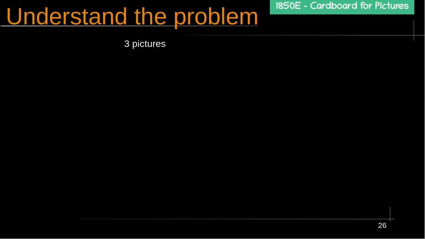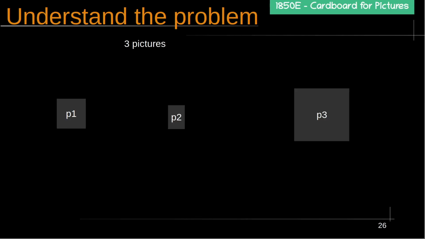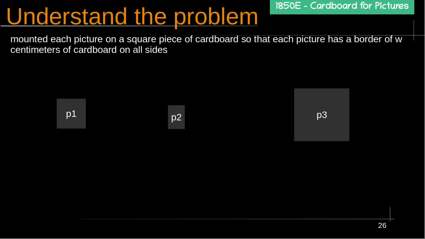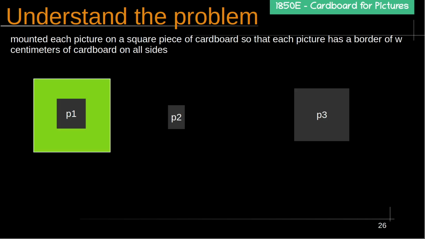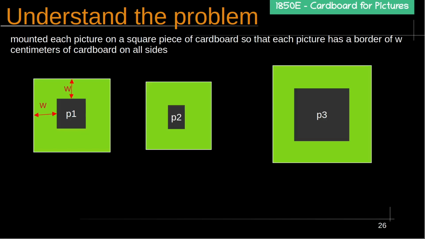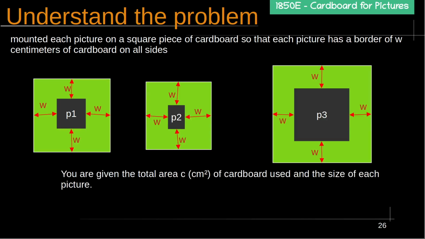Let's take here, for example, if we have 3 pictures, Marcia will mount each picture on a square piece of cardboard so that each picture has a border of W, like this. The cardboard is in green. You are given the total area C of cardboard used and the size of each picture.